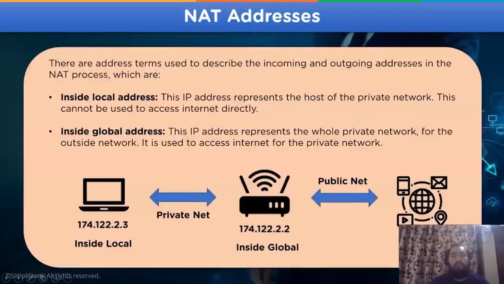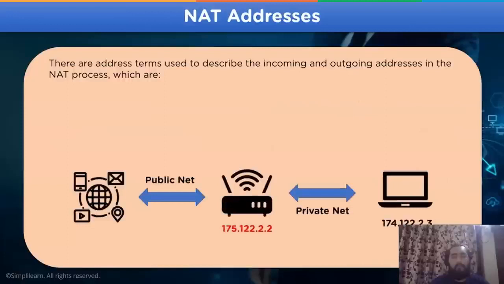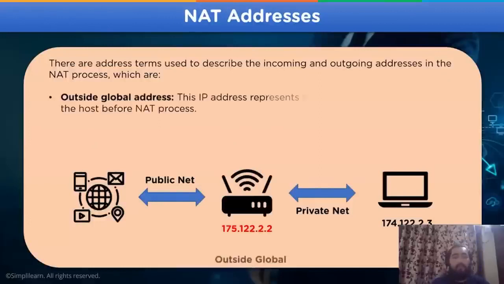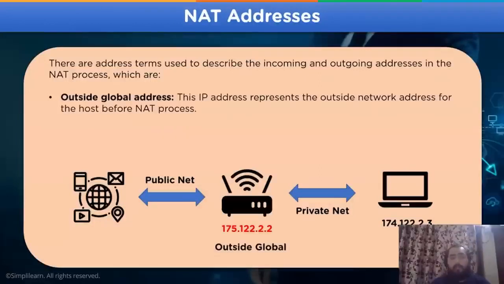Now let's move on to the remaining IP addresses for NAT. According to this example, now we are returning from a public network to the private network. Please keep that in mind. The address type that comes up next is the outside global address.